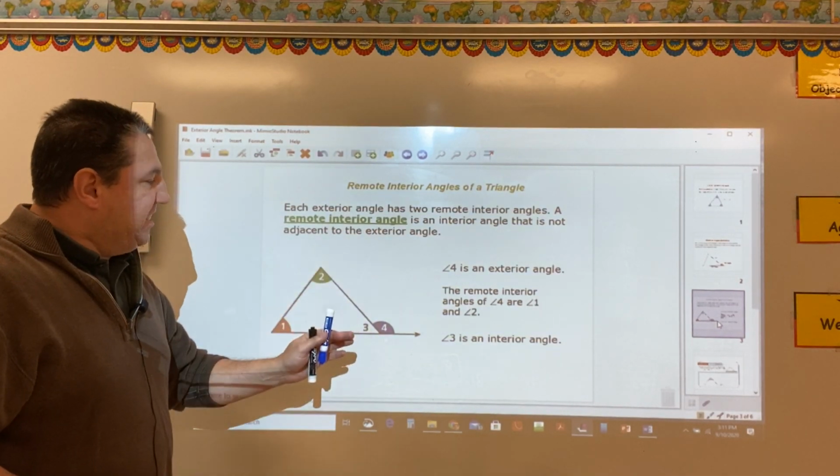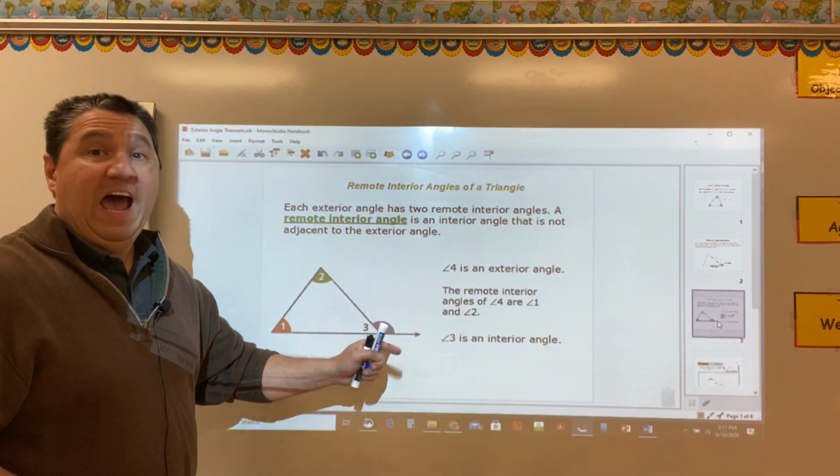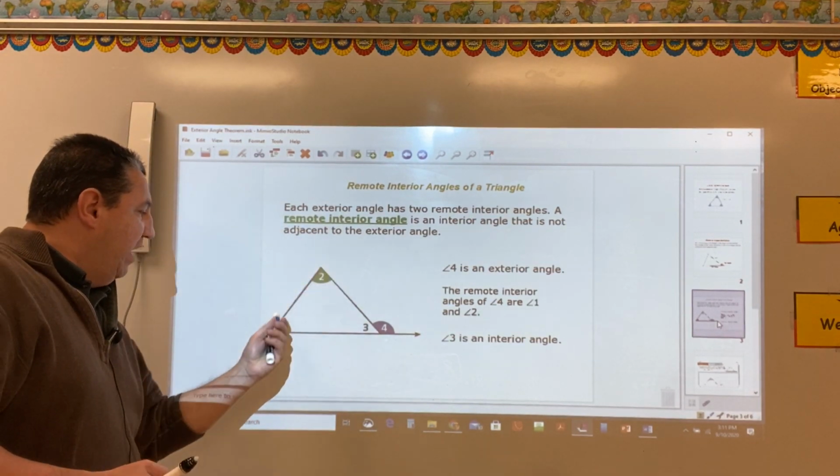So, we can say exterior angle 4 has 2 remote interior angles, which are 2 and 1.